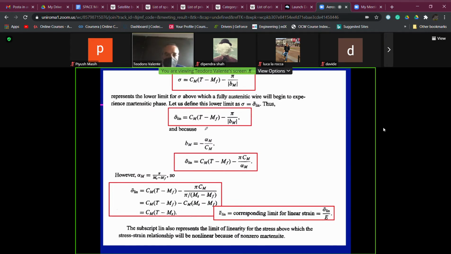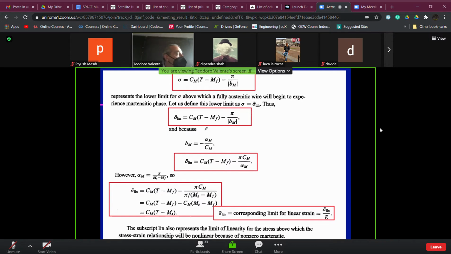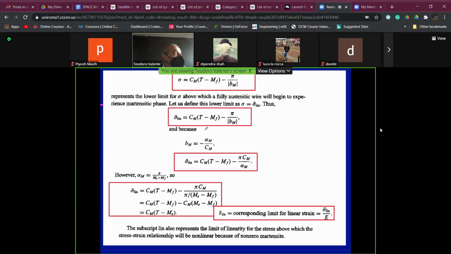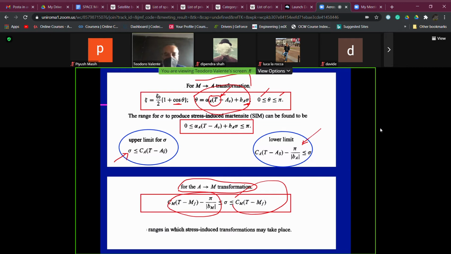Thus, looking at, let me say, a general stress-strain behavior, if we are going to discuss the stress-induced martensite, this means that we can define, let me say, a sort of linear elastic stress limit, for which there is no transformation of austenite to martensite, for example, during the loading phase, because we have not yet reached the lower limit to get transformation.